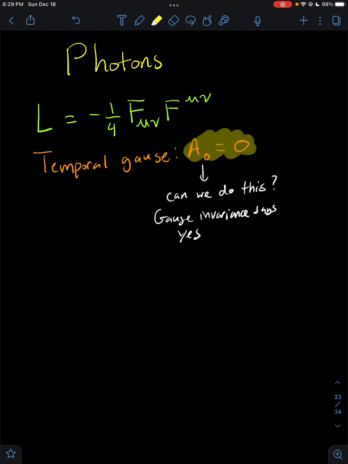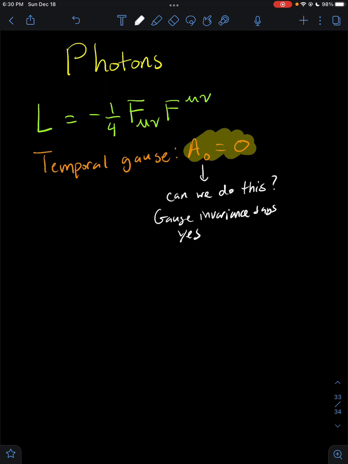Well, we saw before for massive gauge fields that we don't want the A naught component to play an actual role in our analysis because it leads to contradictions. It shouldn't play a physical role. So you can choose a temporal gauge to make the same exact statement. We can choose a gauge such that A naught equals 0. Now the question is, does this gauge exist?